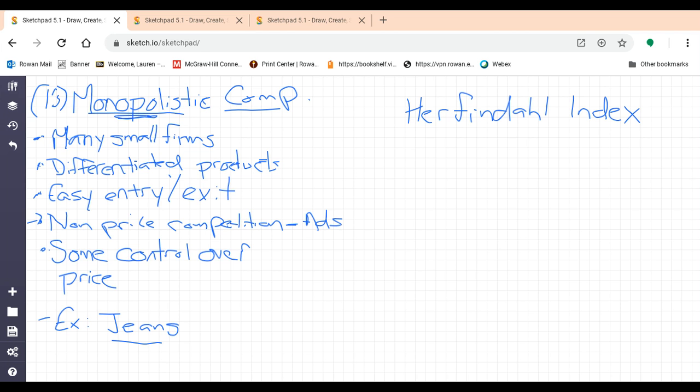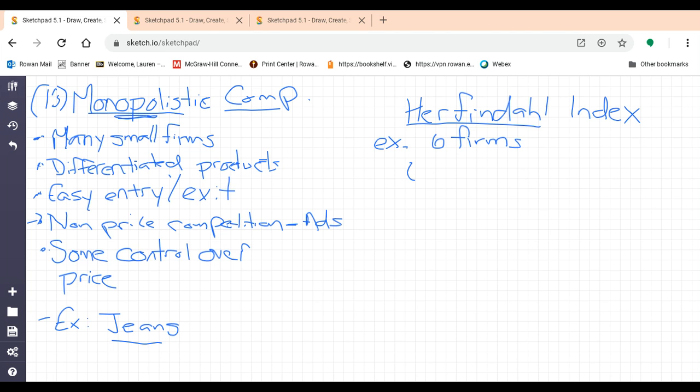We'll be using this Herfindahl-Hirschman Index, or Herfindahl Index, as your book calls it. Let's start with an example. Again, we're talking about market concentration when we talk about these types of indexes. Let's say there are 6 firms, and we want to know how concentrated the market is.